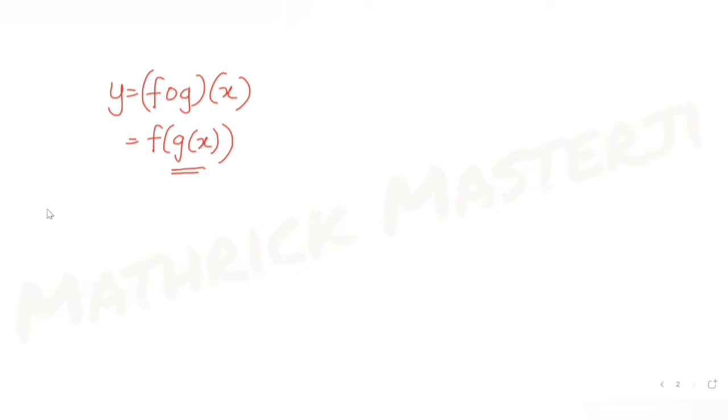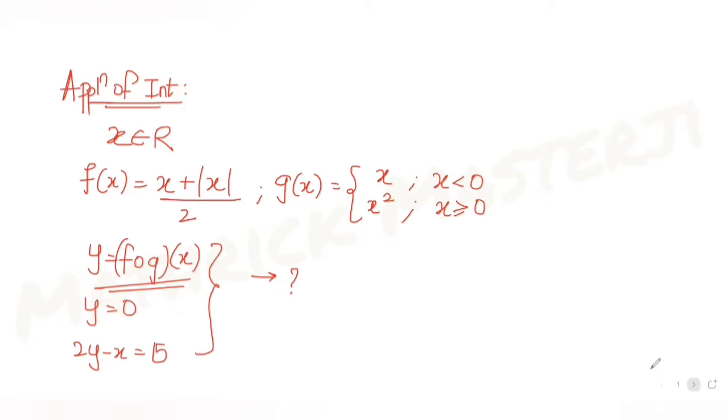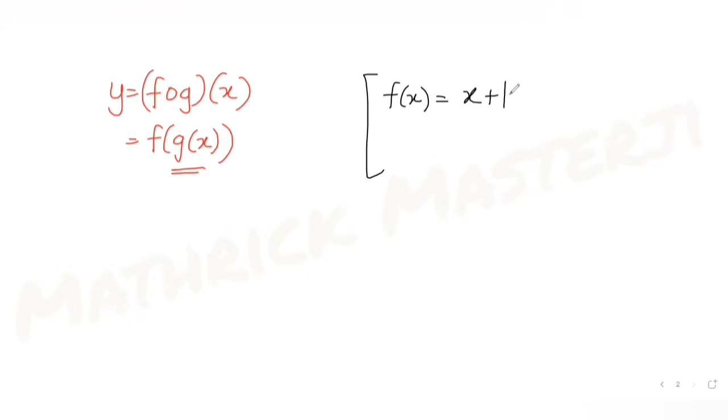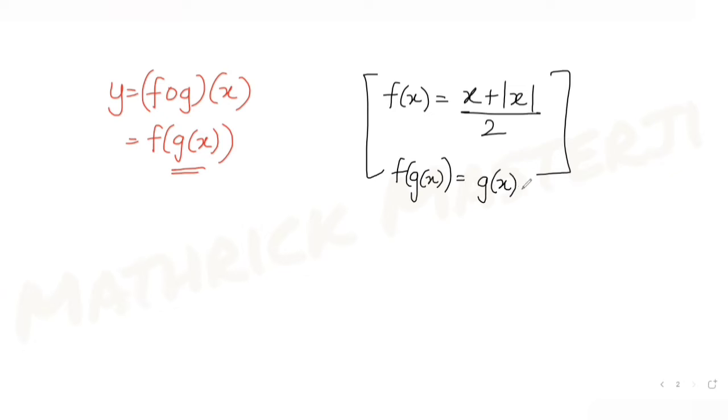We know f of x is (x plus mod x) divided by 2, so f of g of x is (g of x plus mod of g of x) divided by 2.